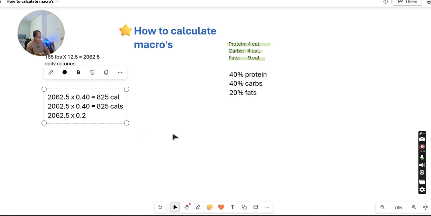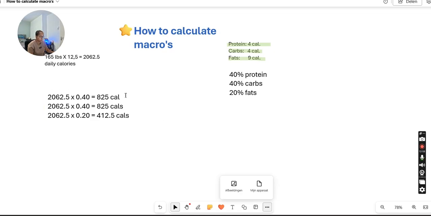So that's, let me calculate real quick. It's 412.5, so that's 412.5 calories. Alright, if we add this up together, 825 times 2 plus 412.5 is 2062.5. So it adds up, right?